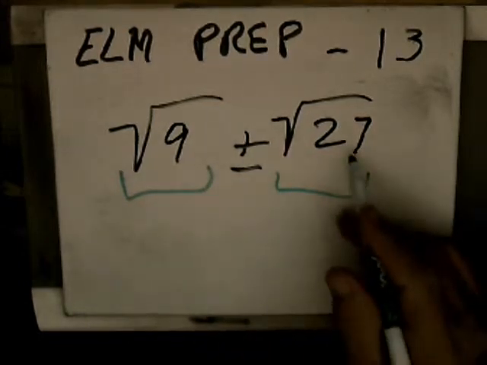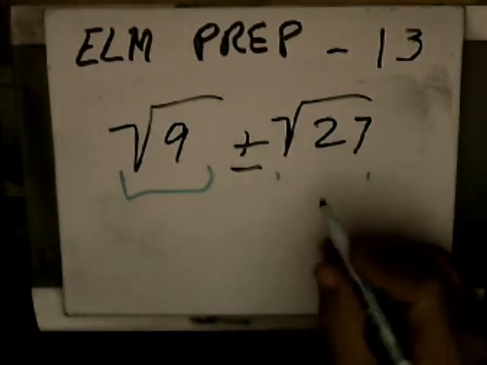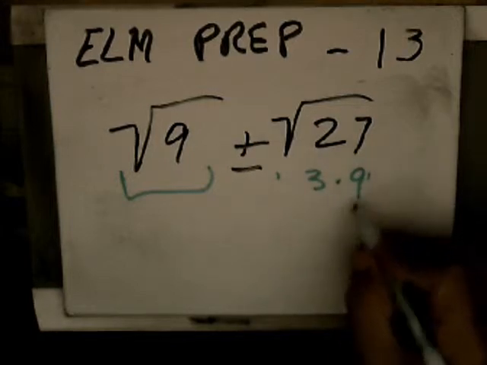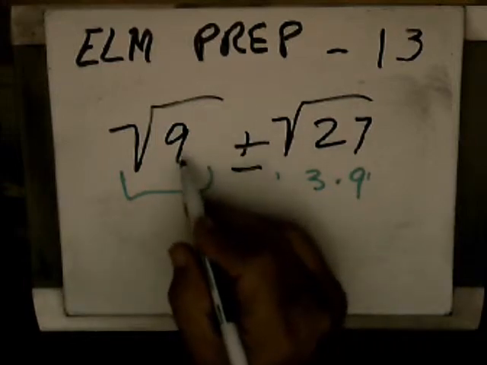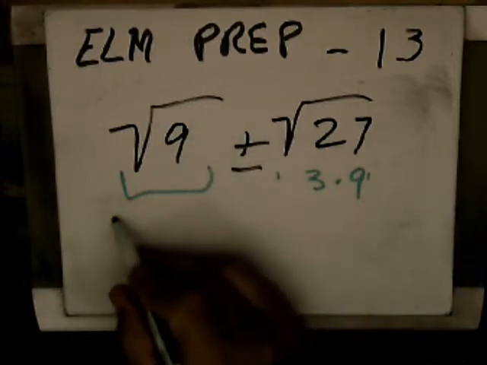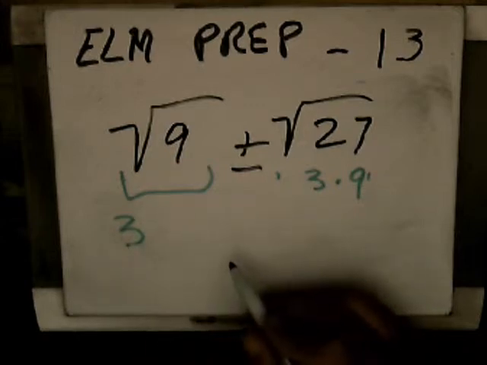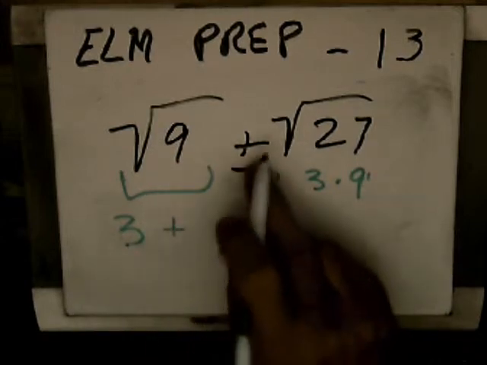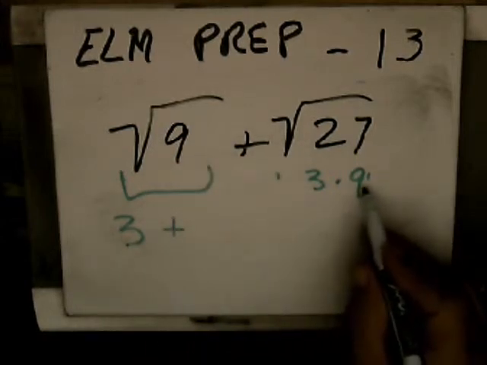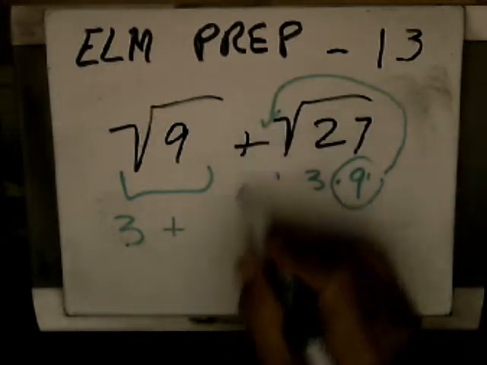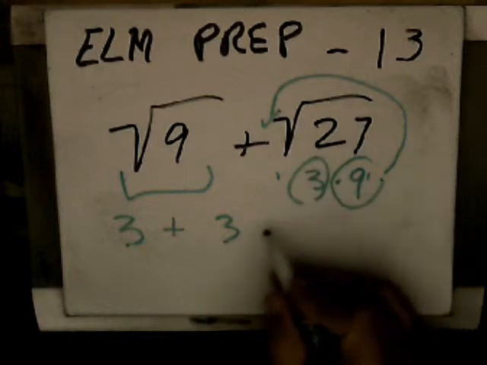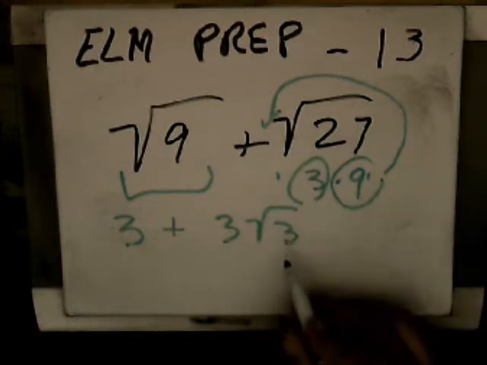But I look a little closer at this 27 and I realize that's really 3 times 9. And I realize that the square root of 9 is actually just 3, plus my 3 times 9. This part's a square. It's coming out as a 3. This guy gets left behind as a square root of 3.